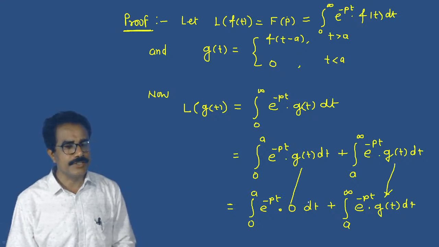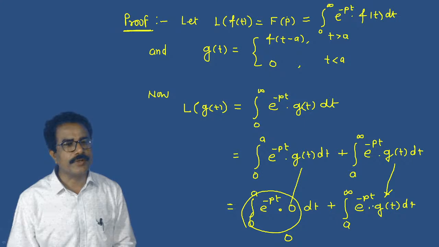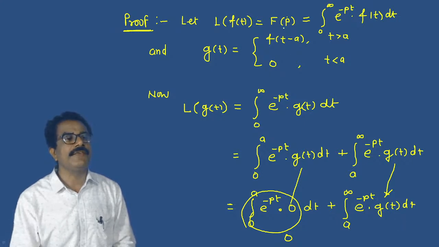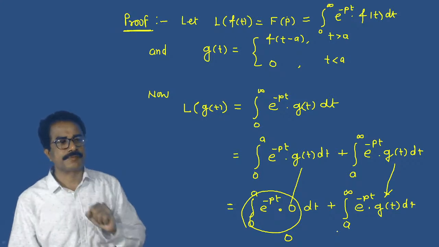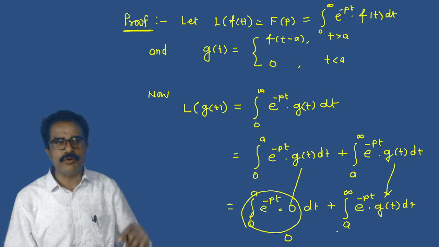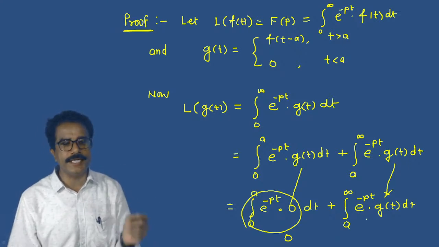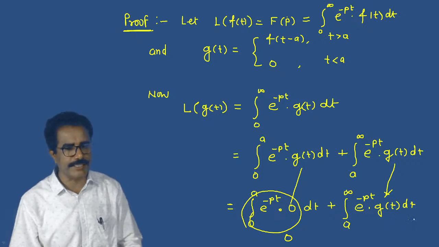You can put f of t minus a if t is greater than a, then the value of g of t we can write as f of t minus a. In this way we will write.